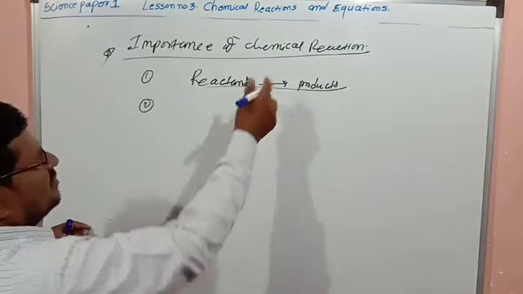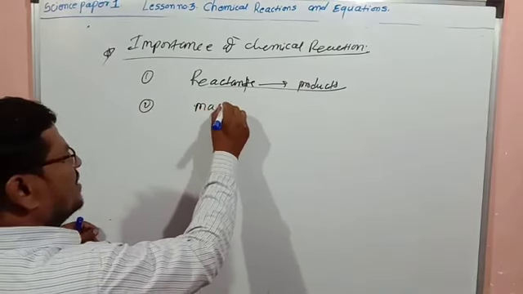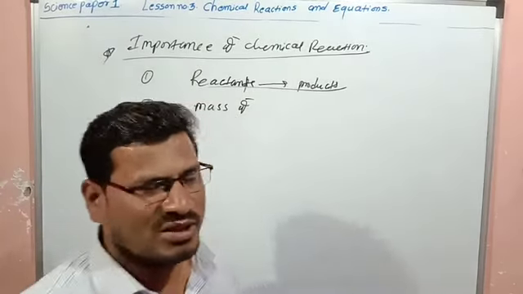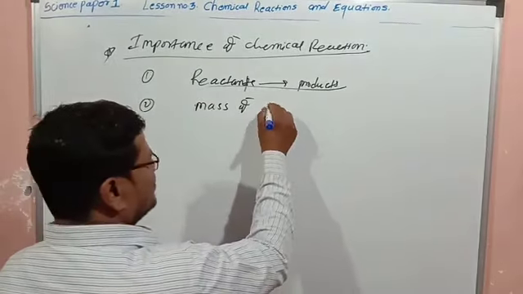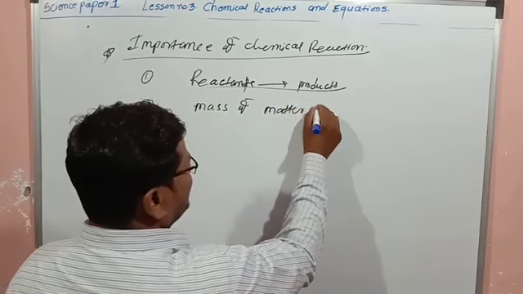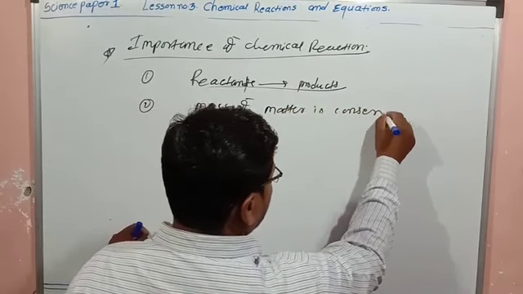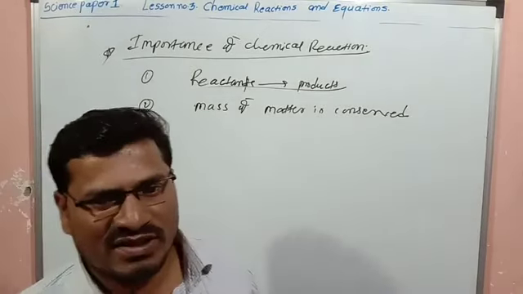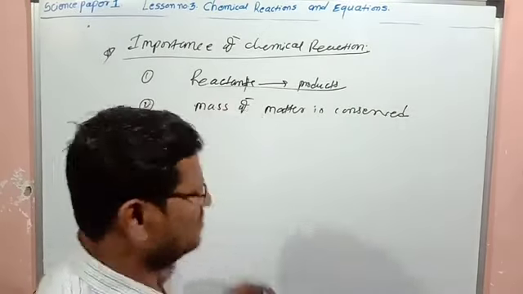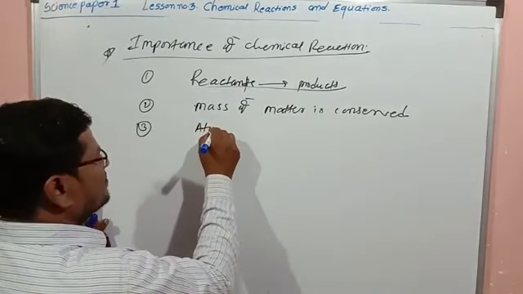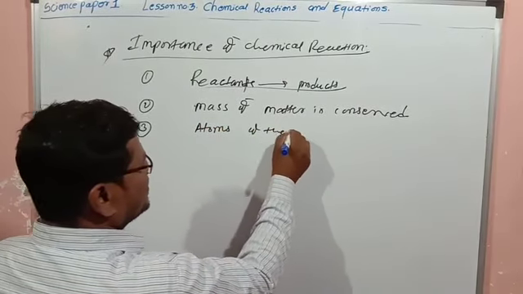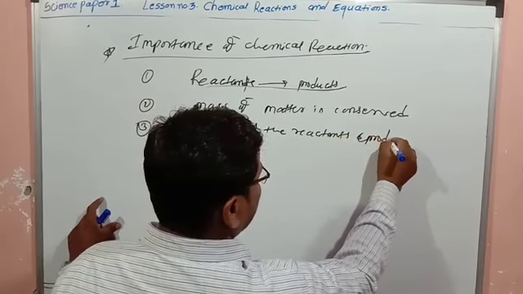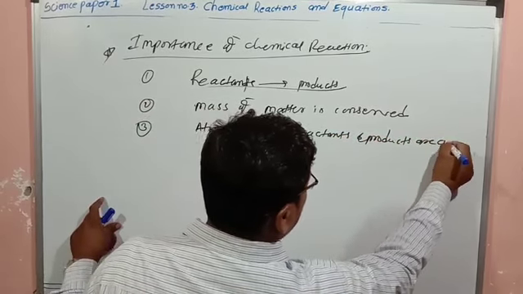Second thing is that in the chemical reaction, the mass of matter is conserved. Third one is that the number of atoms in the substance is also conserved. Atoms of the reactants and products are also conserved.